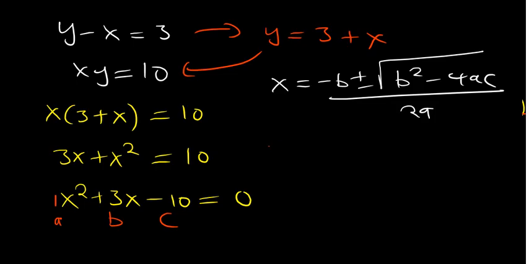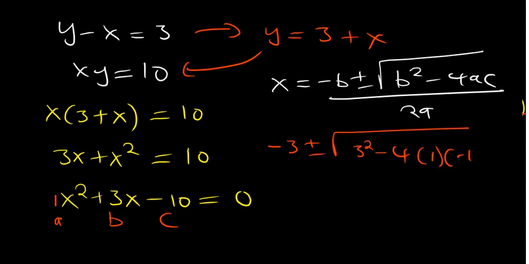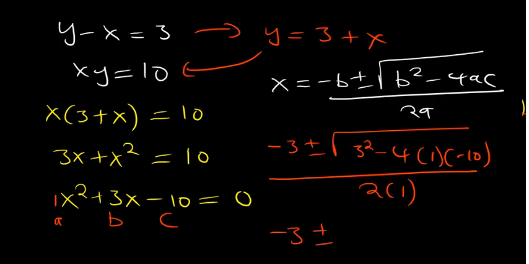So negative b, negative 3, plus or minus the root of b squared, our b is 3, minus 4ac, our a is 1, our c is negative 10, over 2a, our a is 1. So we have negative 3 plus or minus. In the brackets we have, under the square root, 3 squared is a 9. Negative 4 times 10 is like 40, right? Over 2.